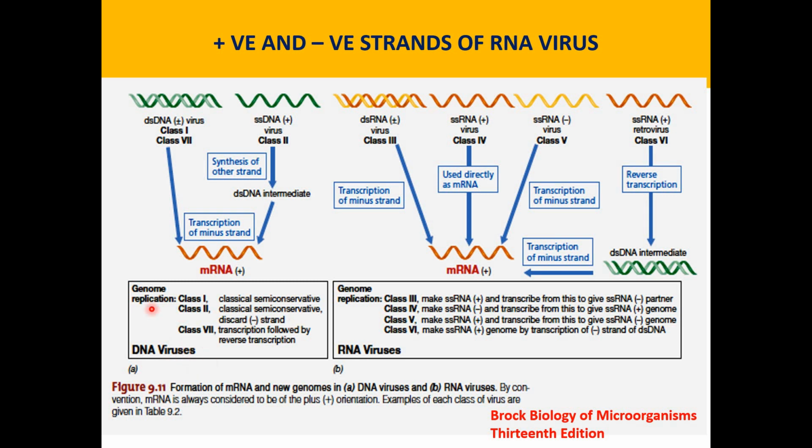For example, the DNA viruses include class 1, class 2 and class 7 of the Baltimore classification, and RNA viruses include class 3, 4, 5 and 6. And what these classes mean, and why they are separated from the rest of the viruses, is also mentioned here. For example, class 1 DNA viruses follow the classical semi-conservative mode of replication, and class 2 also follows classical semi-conservative replication, but they discard the negative strand of the DNA.